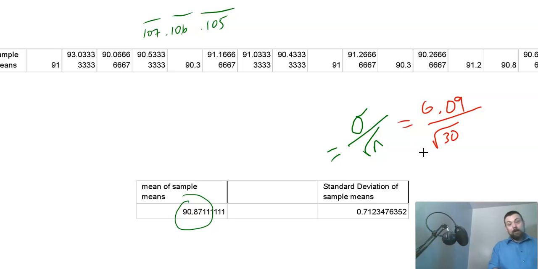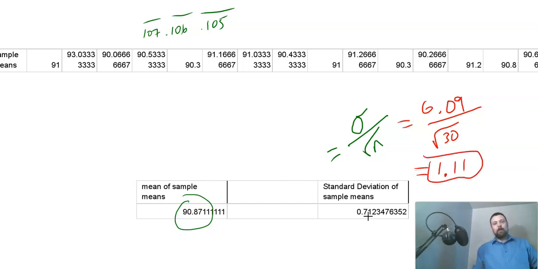So in my calculator, I'm doing 6.09 divided by the square root of 30. And that gives me 1.111, and it's several ones there. So it's a little off, but pretty close to the 0.7, right?